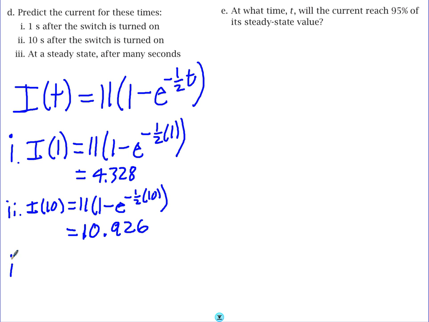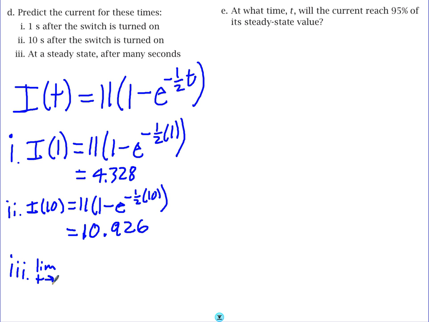And for 3, they're asking us at a steady state after how many seconds. So what they want for that is for us to find when the current is constant. After many seconds, we're just going to find the limit.